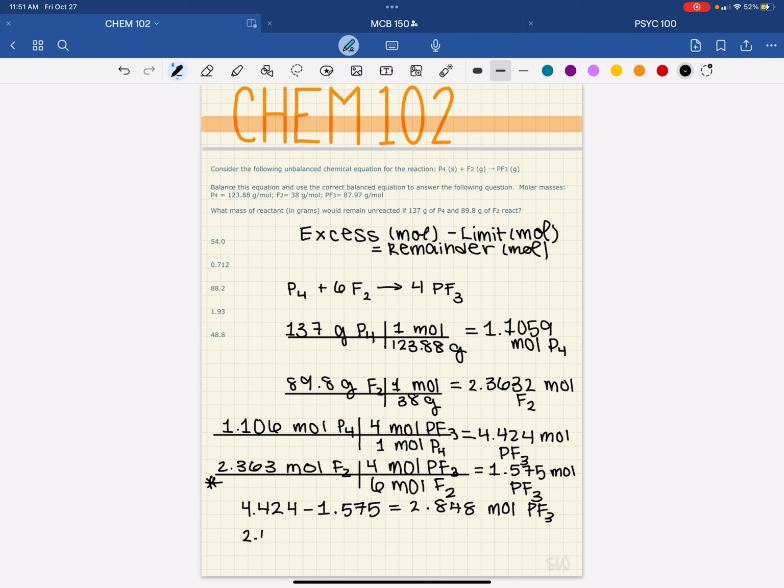So then I'm going to convert 2.848 moles of PF3 back to moles of P4, which is going to give me 0.712 moles, which multiplied by the molar mass of 123.88 grams equals 88.2 grams remaining as our answer.